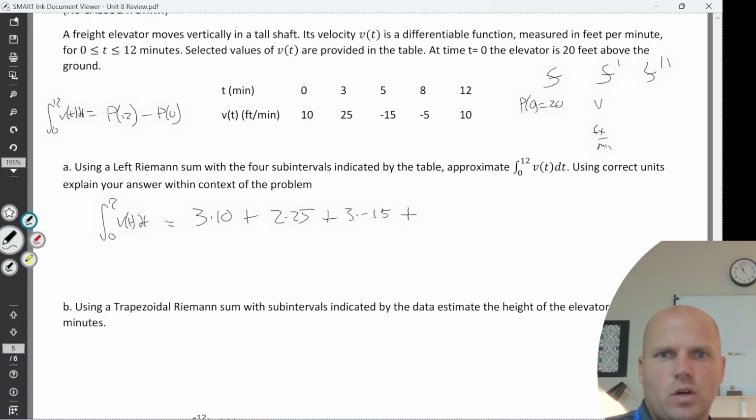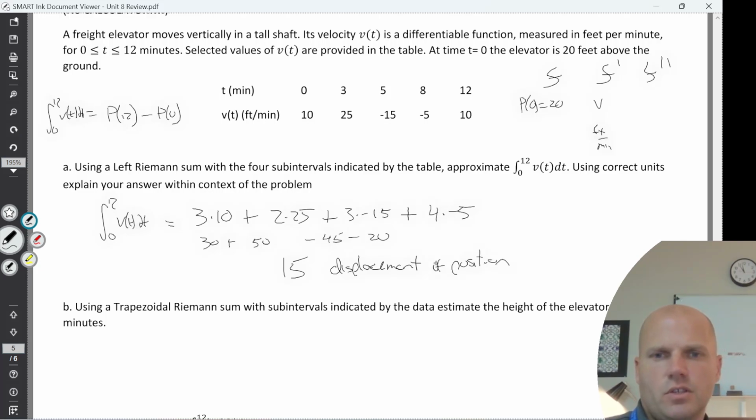I've got 8 to 12, which is 4 by negative 5. 30 plus 50 minus 45 minus 20. So 5, 10, 15. This is the displacement of position, in feet. This is how my position changed approximately.